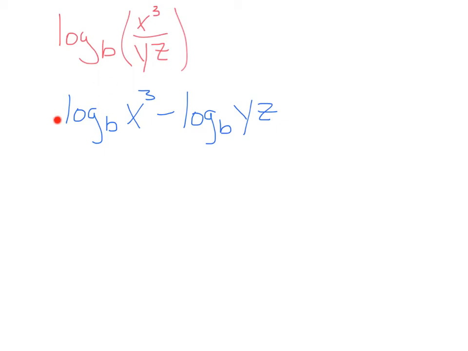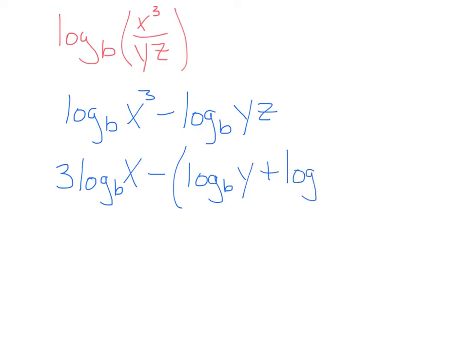But this first term can be simplified a little bit further because of this exponent. So I'm going to take the 3 out front, and now we have 3 times log base b of x minus, and I'm going to use some parentheses here because we are going to do the product property, so we can rewrite this as log base b of y plus log base b of z.